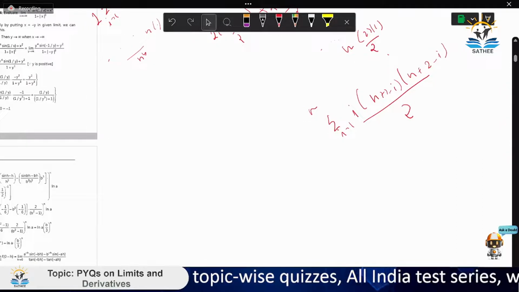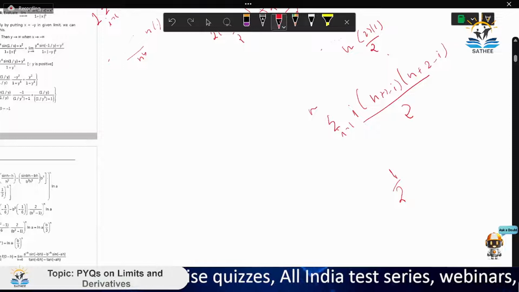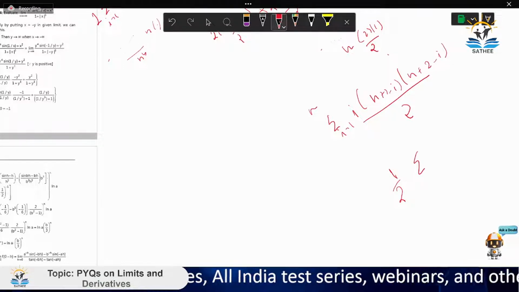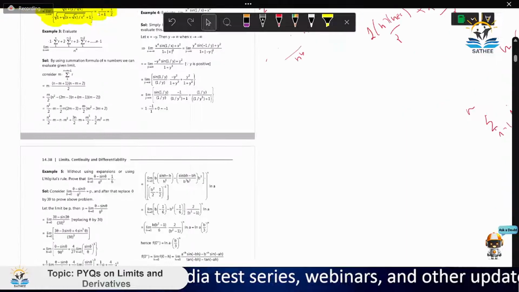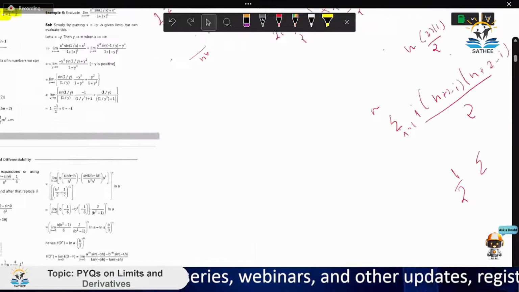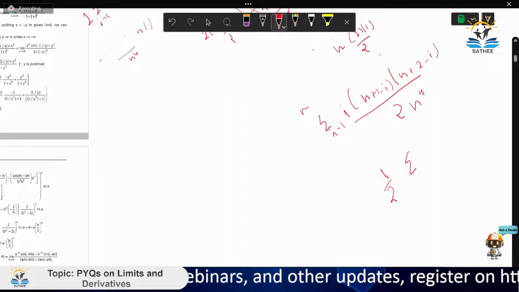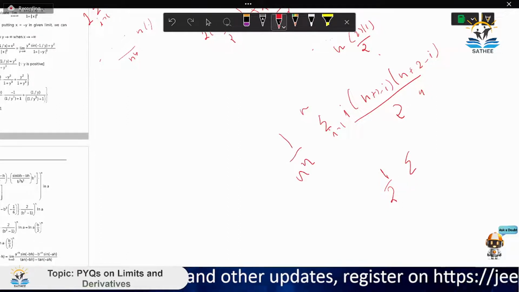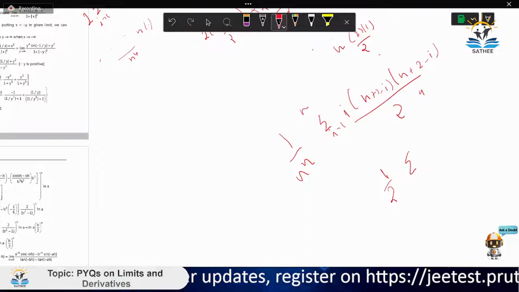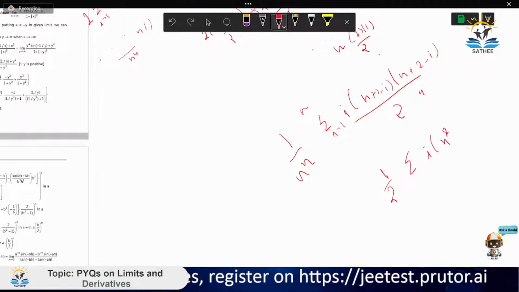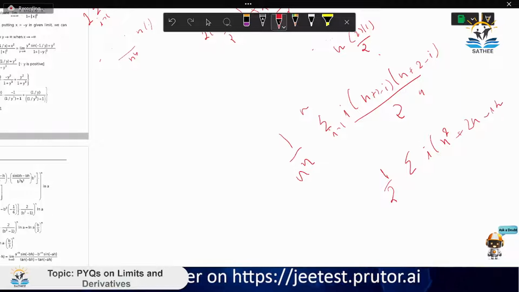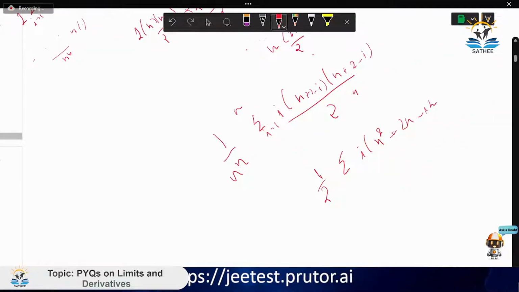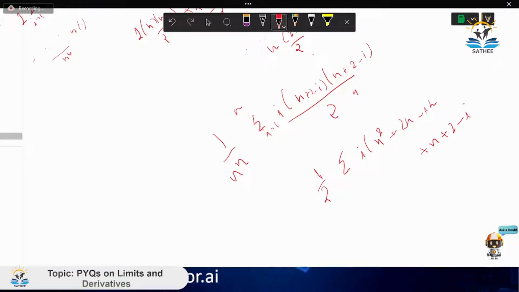And if we solve this, let us see what we get. Let's take out half first, and I'm left with this, at n tends to infinity, and there is an n to the power 4 also here. So we'll take that into consideration. First let us multiply and get our answer. So i times (n square plus 2n minus in), and then I have plus n plus 2 minus i, then I have minus in minus 2i plus i square.